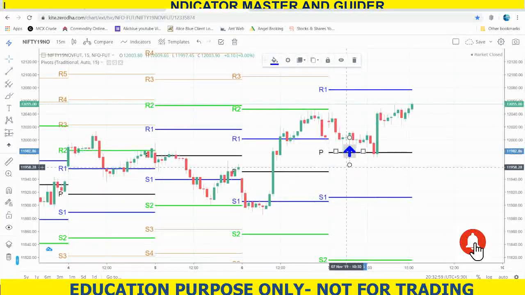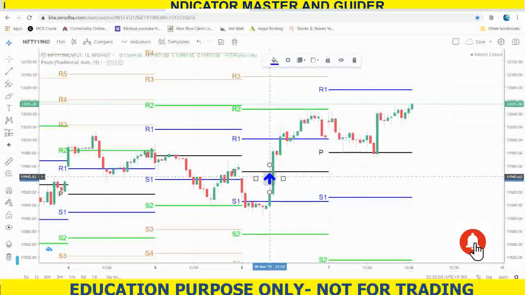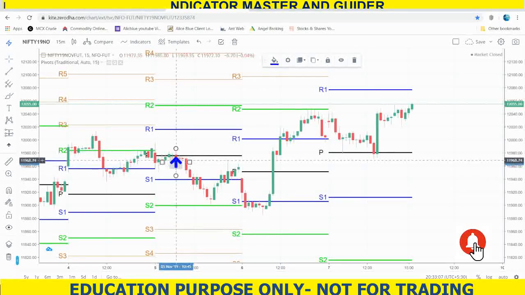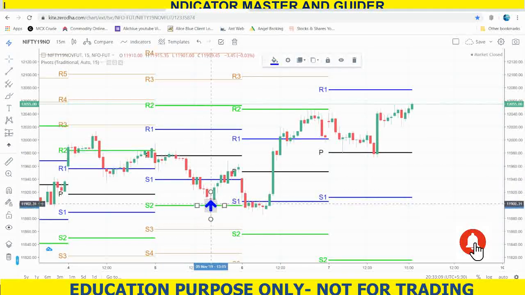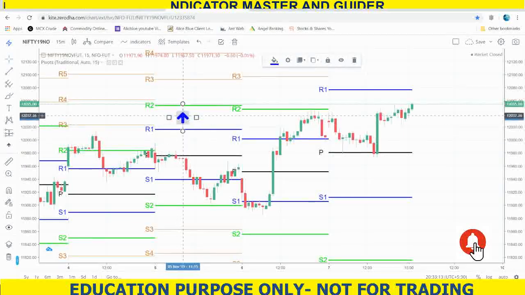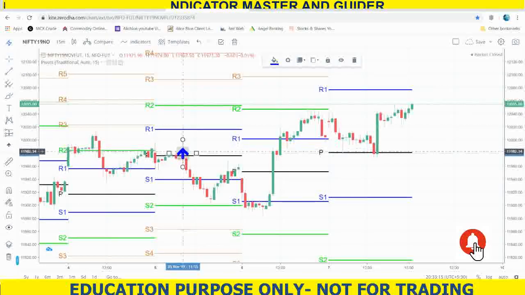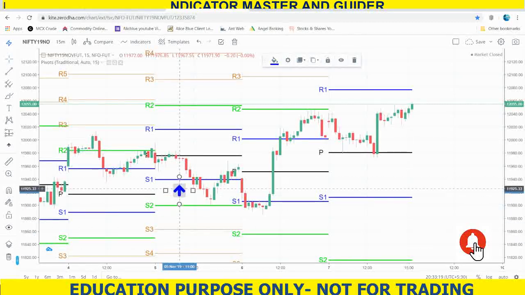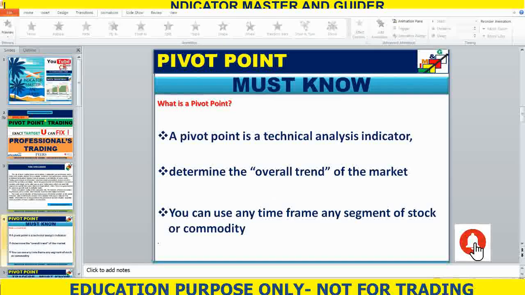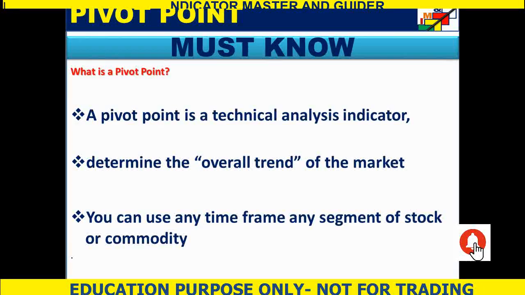I can show you the trend once the pivot point has been crossed. Once the price crosses above the pivot point, it is an upward direction. Once it comes downwards below the pivot point, it is a downward direction. Above the pivot point, R1, R2, R3 indicate an upward direction, and below it, S1, S2, S3 indicate a downward direction. That's what this slide says: it determines the overall trend of the market.